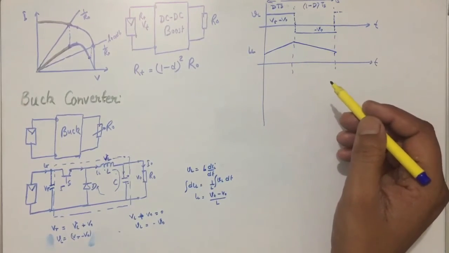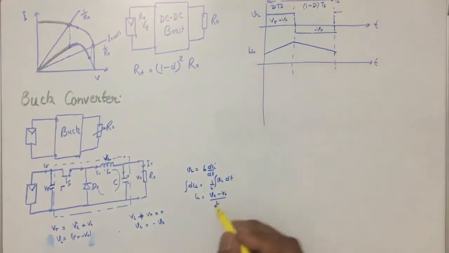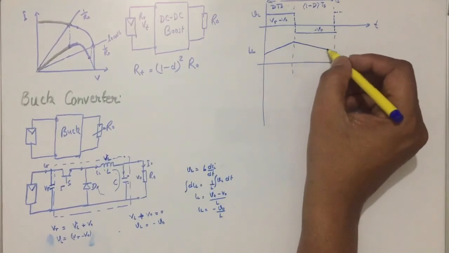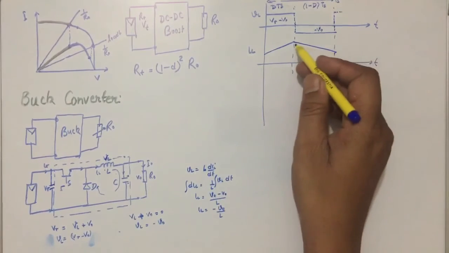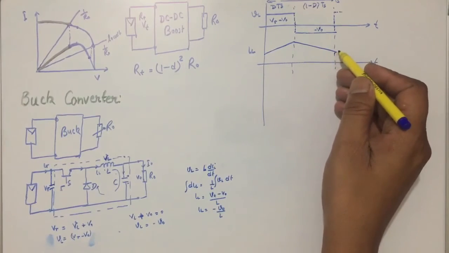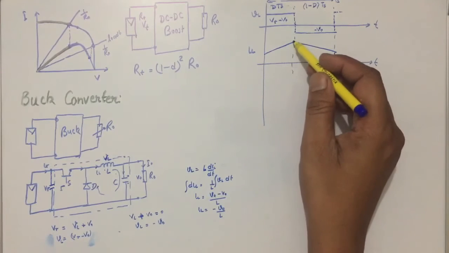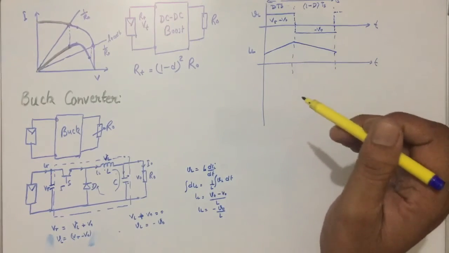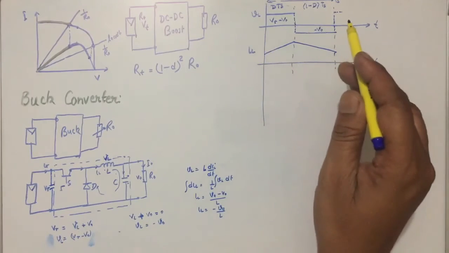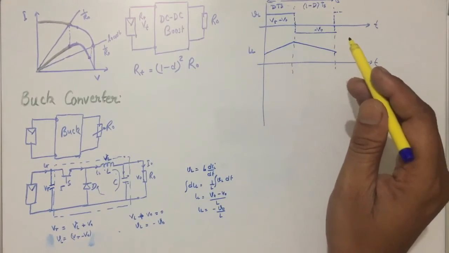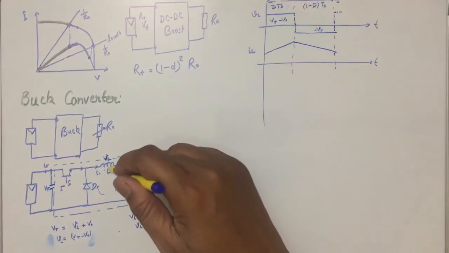At that time, if we derive, we will find IL will be minus V naught by L. Again it will have a constant slope with negative sign. So a negative slope will be there, and according to that the characteristics will be like this. So this is IL and this is VL during the charging and discharging of the inductor.